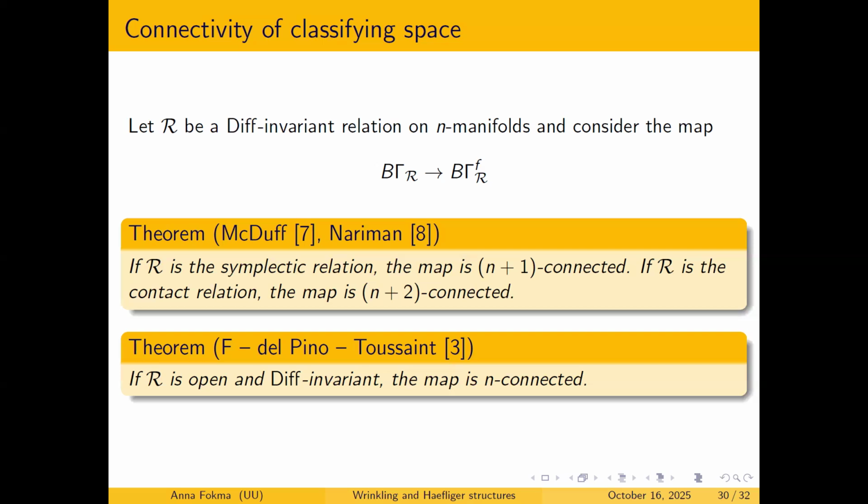That's how we get the n-connectedness. And in fact, this theorem is weaker than the theorems above, at least in the symplectic and contact case. But we expect that for general relations, this bound is actually sharp.